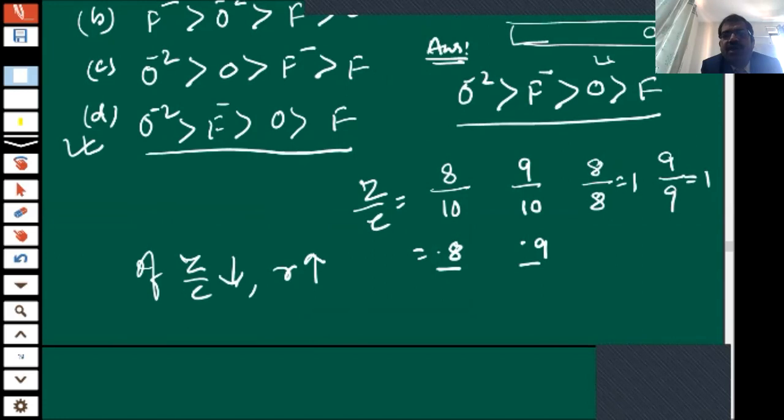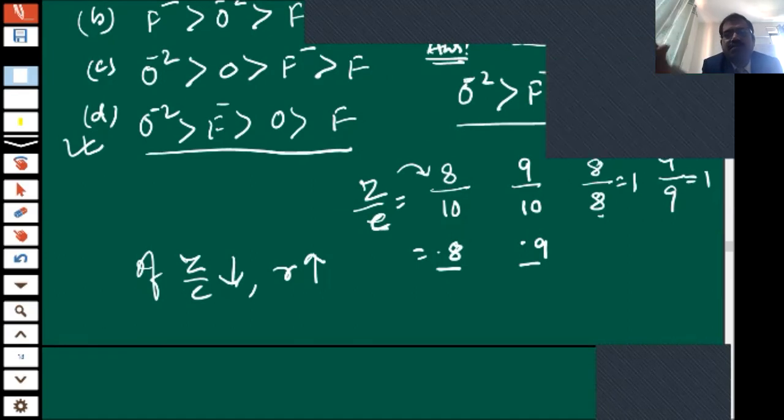Z means atomic number. In oxygen, Z is 8. And E means number of electrons. So normal oxygen is having 8 electrons. So minus 2 charge is there, so add 2 electrons over here. 8 by 10, it is 0.8. Did you understand, children?